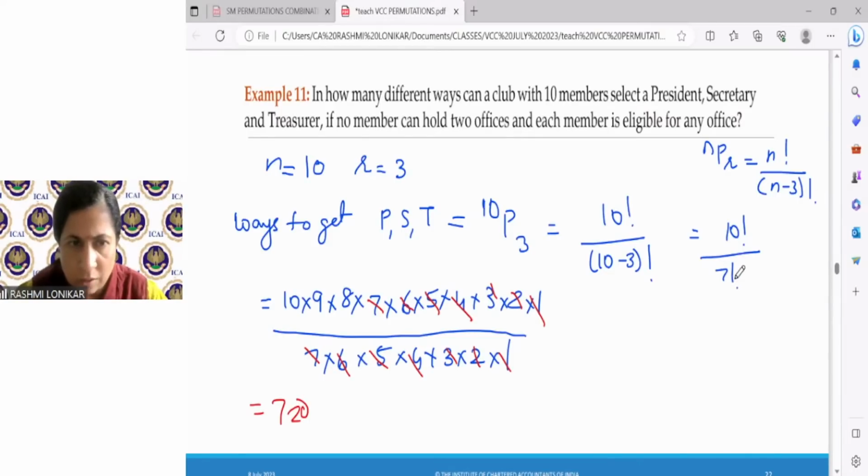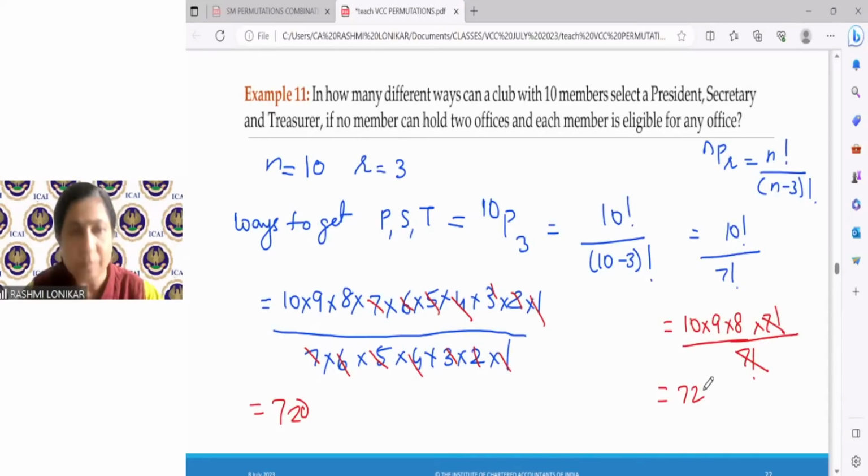And if I use it this way, 10 factorial can be written as 10 into 9 into 8 into 7 factorial upon 7 factorial. So the 7 factorial gets cancelled, again 720.